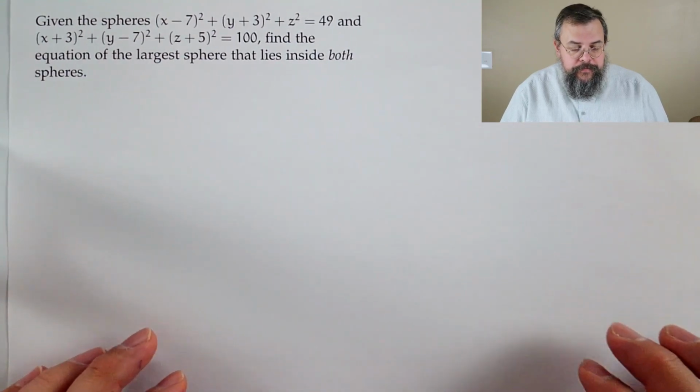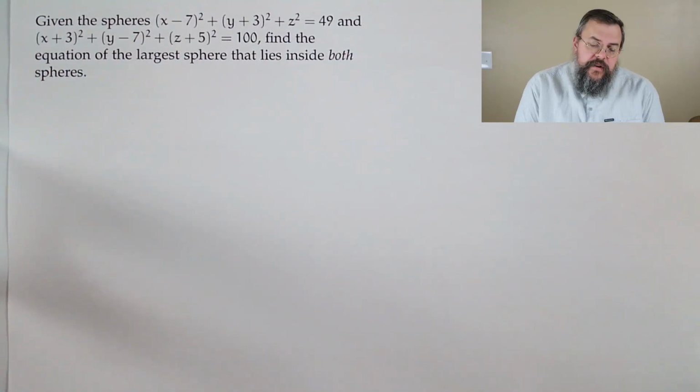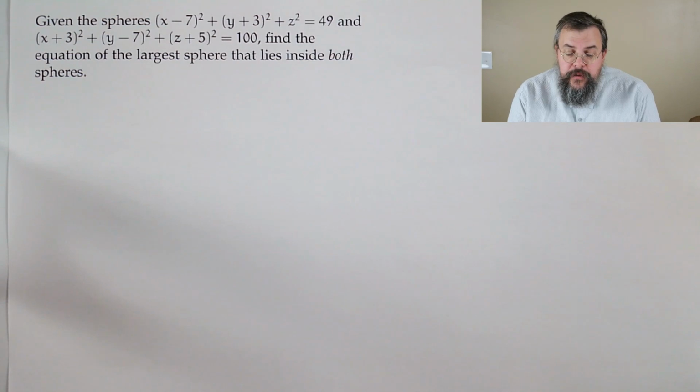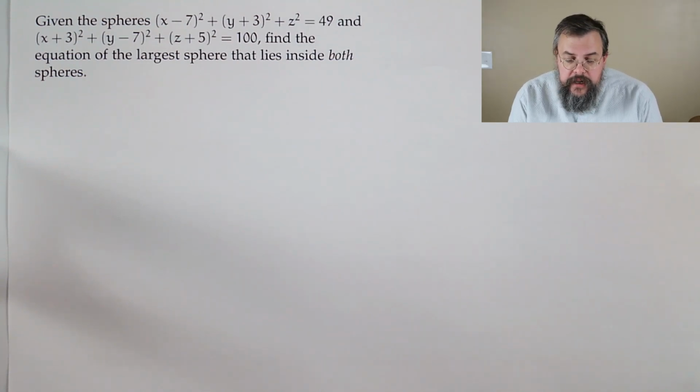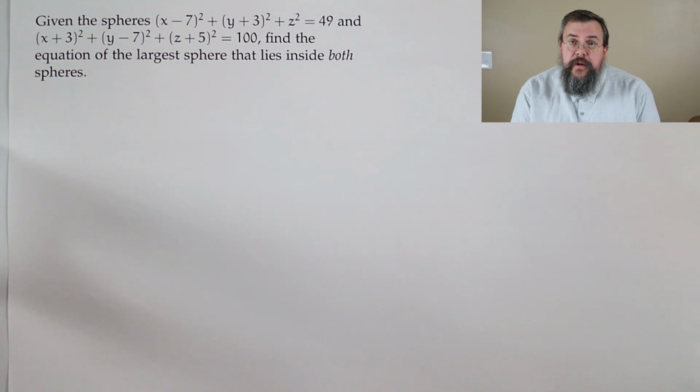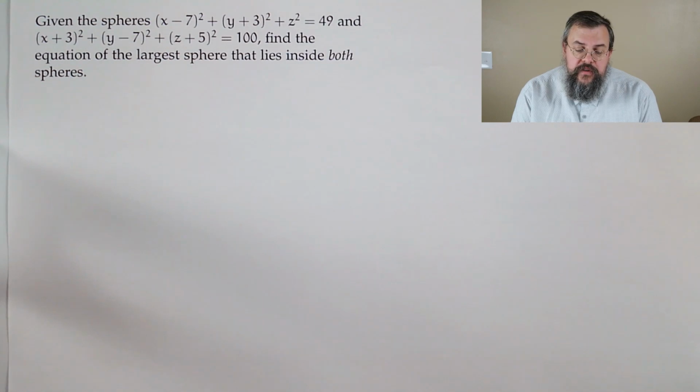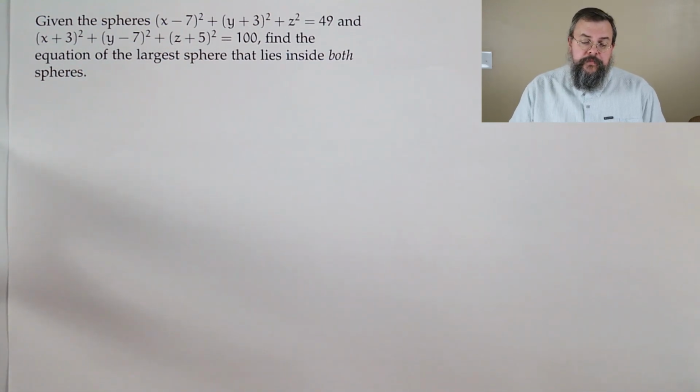We'll see. So we're given the spheres (x minus 7) squared plus (y plus 3) squared plus z squared equals 49, and (x plus 3) squared plus (y minus 7) squared plus (z plus 5) squared equals 100. So you have two spheres.